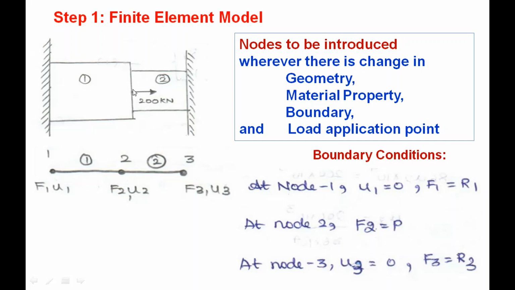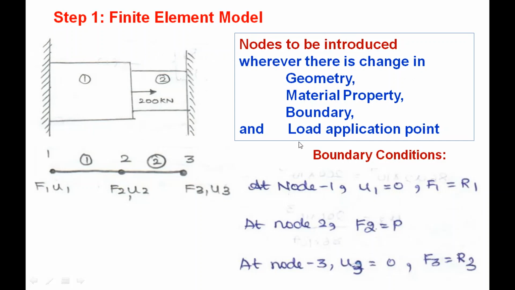Say for example, if the load acting point is not at this change in cross section, suppose if it is acting in between this section 1, then wherever the load is acting here, then we have to introduce one node at this point. Then the model will become 3-element model, right? So I think now you will understand how to make the finite element model.